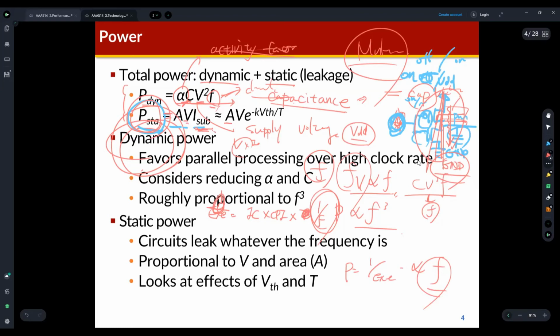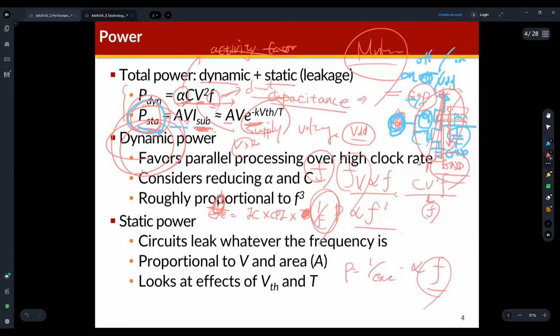A is a constant. And we can apply this part for the substrate current. So the static power is determined by the supply voltage and this current.